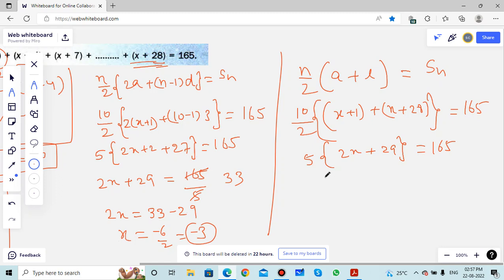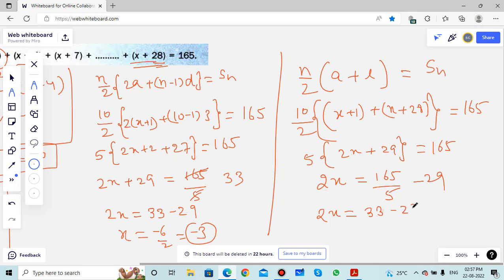So same thing happens here. 2x is equal to 165 upon 5 minus 29. Okay, so 2x is equal to 165 upon, same thing is coming up here, right? So 165, 5 3s are 15 and 5 3s are 15.